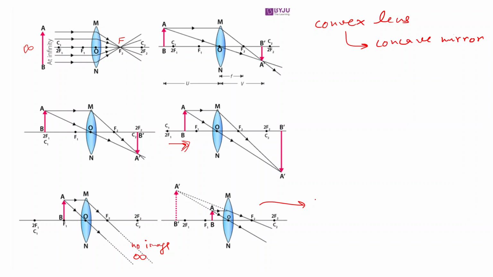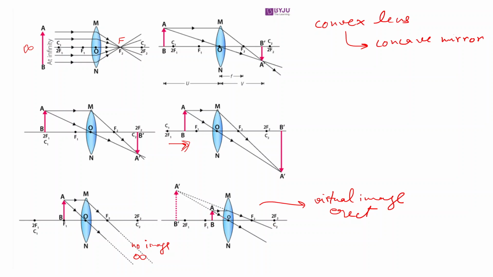This is the case of a virtual image, and it will be erect. This happens when the object is kept between the focus and the pole of the lens.